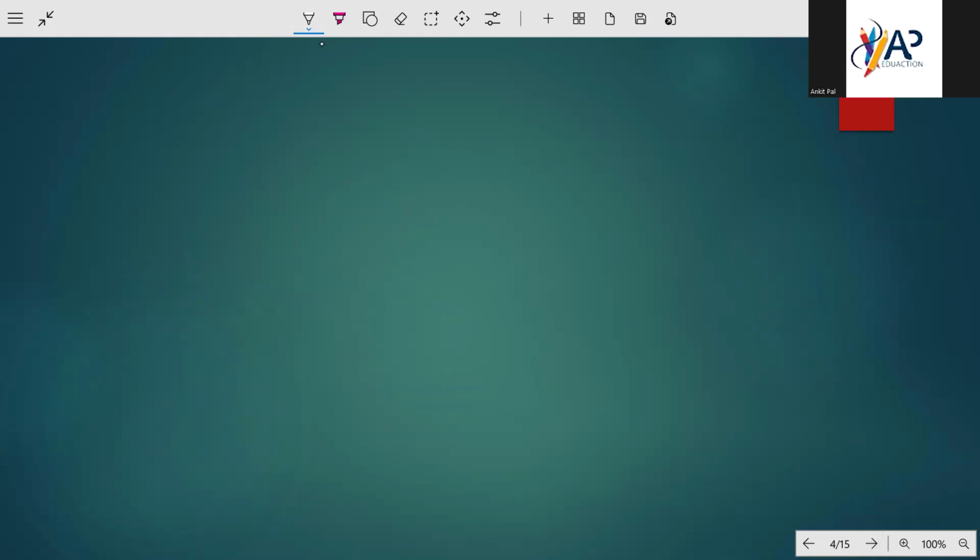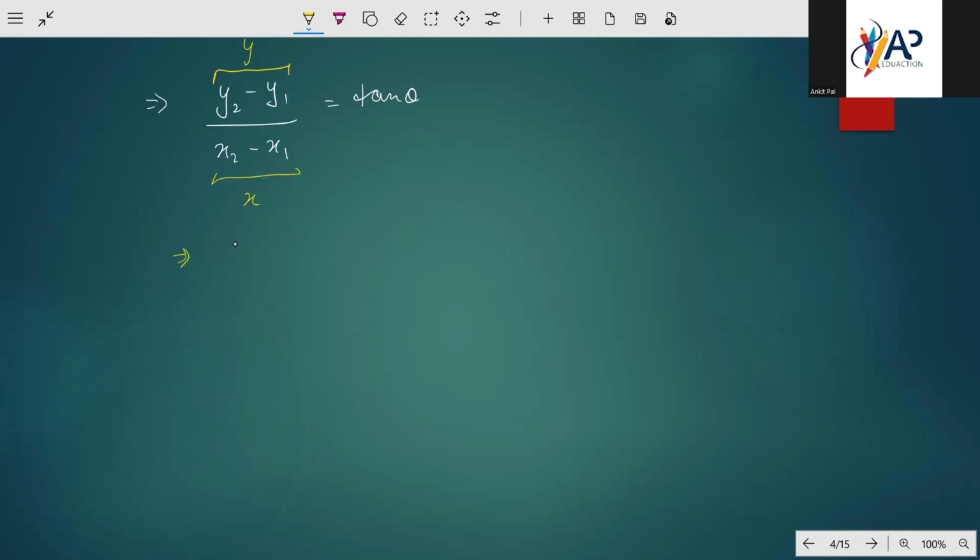Now y2 minus y1 upon x2 minus x1 is tan theta. We can say there is a change in y and a change in x.